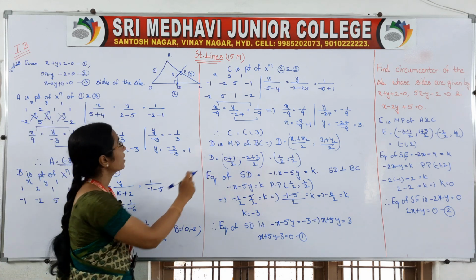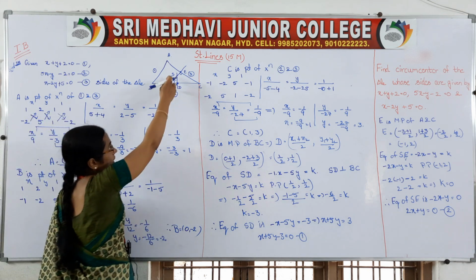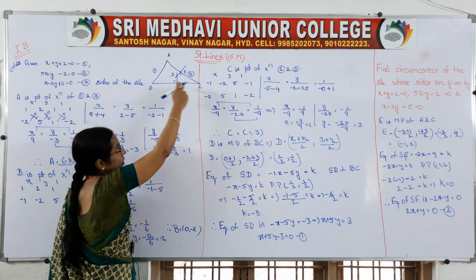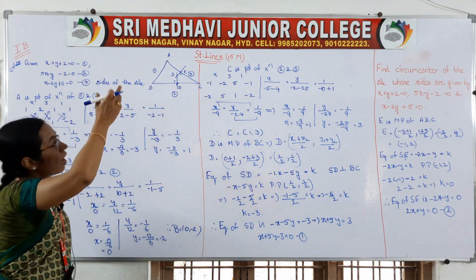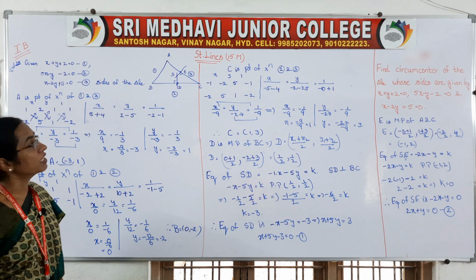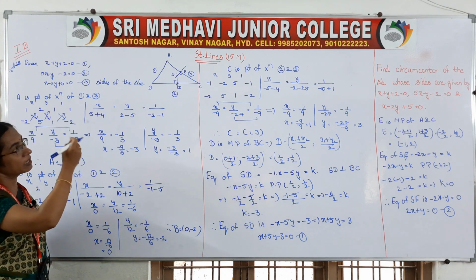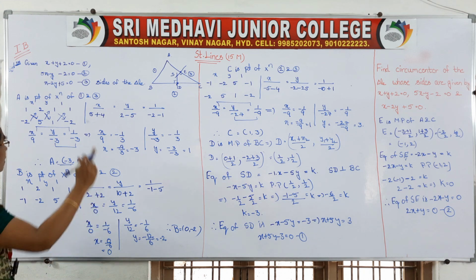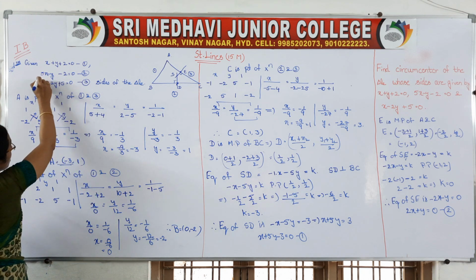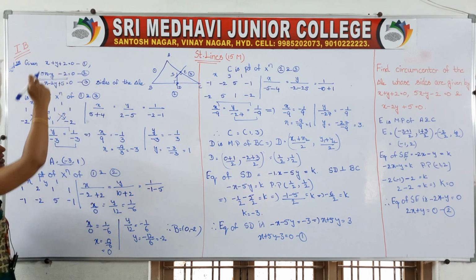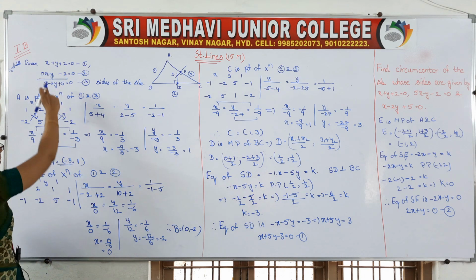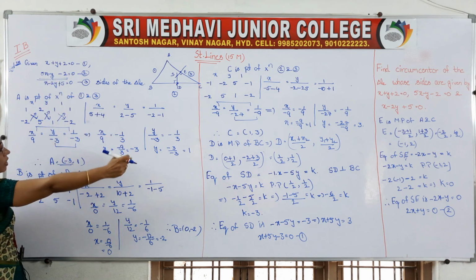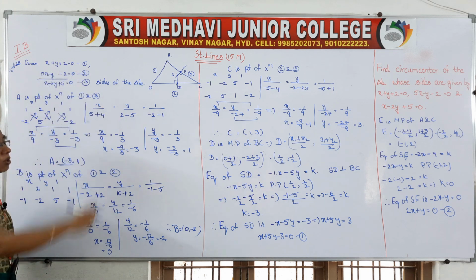Then you take the equation of SD. How will we take it? Your SD is perpendicular to BC, right? Already we know the BC line equation. Our SD line is perpendicular to the BC line. Whenever we want to write the perpendicular of any line, where is your BC? This is your BC. To write this line's perpendicular line, the y coefficient comes to x, and the x coefficient goes to y.